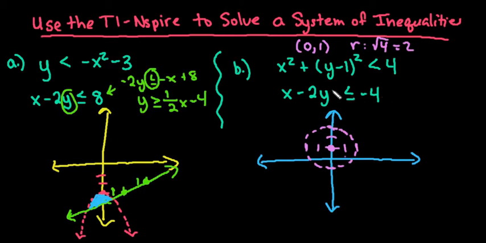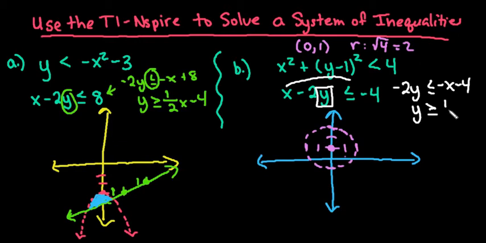For the second one, I'm going to go ahead and solve for y, and when I do that, I get -2y less than or equal to -x minus 4. Divide everything by -2, which flips the sign, so I get greater than or equal to 1/2 x plus 2. So at 2 right here is my y-intercept, and then I go up 1 over 2.